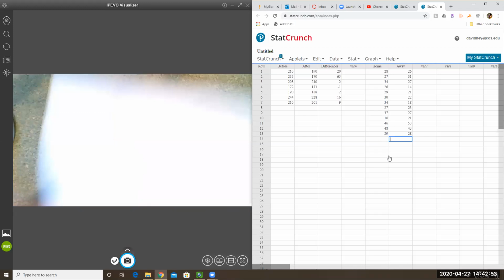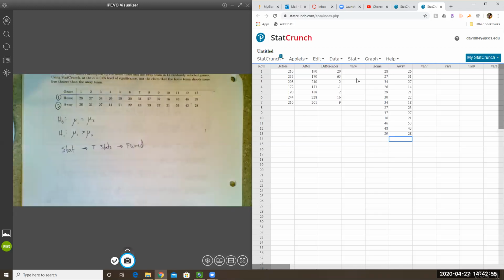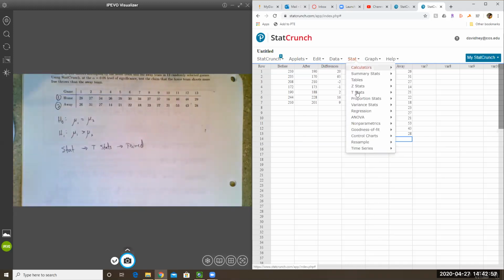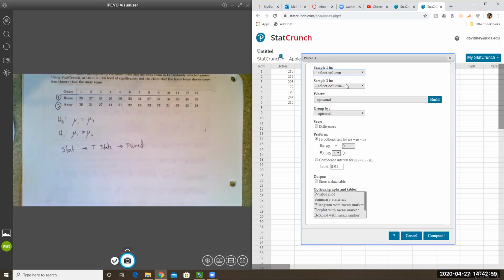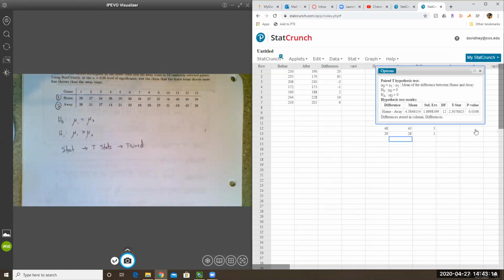Okay, it looks good. Okay, Stat, T Stats, Paired. I'm comparing home and away. I'm going to save the differences. It's not necessary, but it might be interesting to look at. And I want to run a right-tailed test. Okay, there we go. Pretty small p-value.